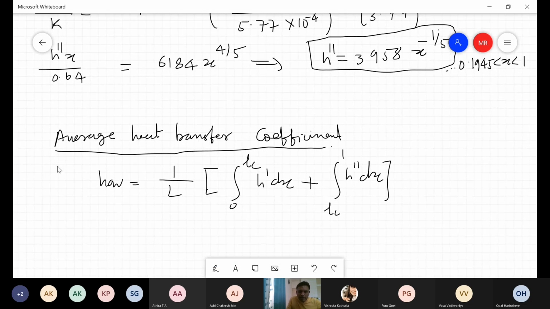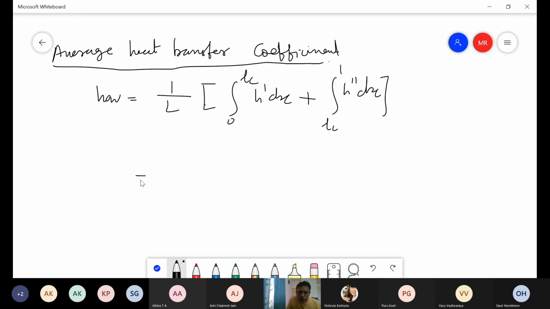So we can directly put all the values here. So 1 upon L, the length of the plate, is just 1, so that becomes 1.